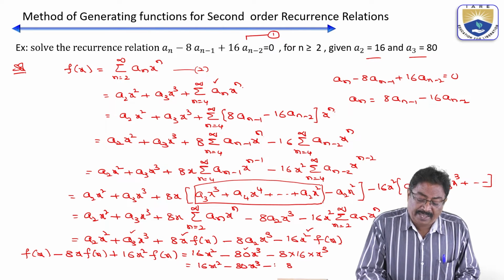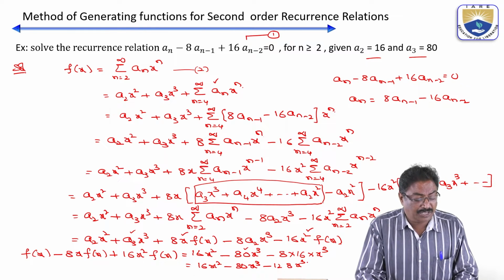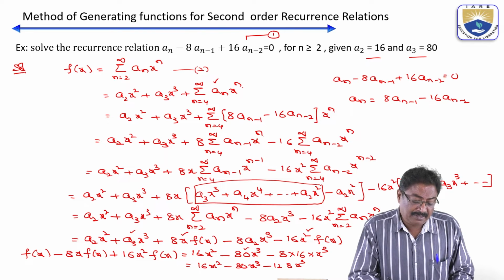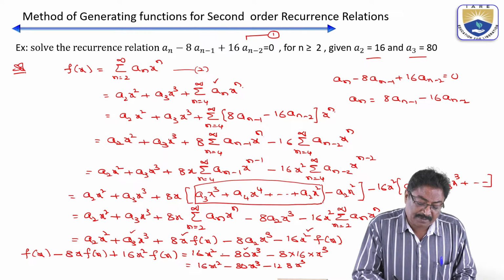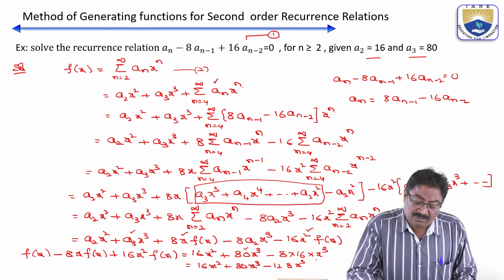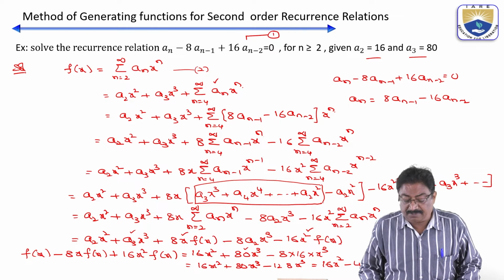So plus 128x cubed. I am just taking this plus as a3, so it is 16x square minus 48x cubed.